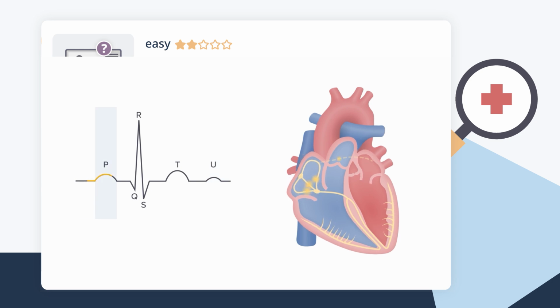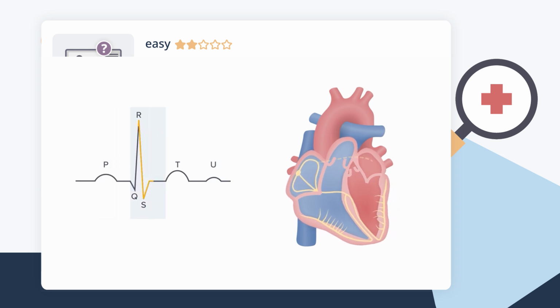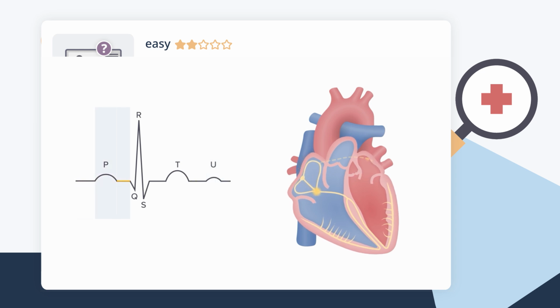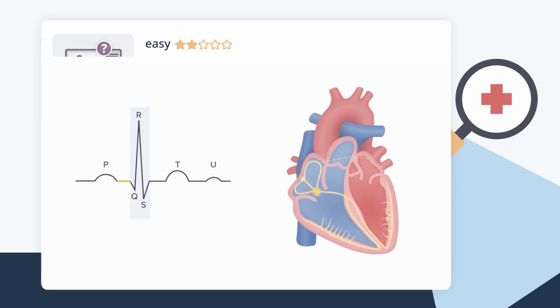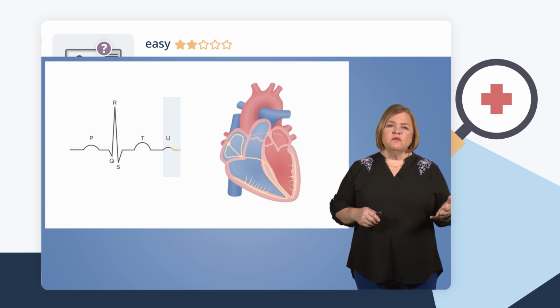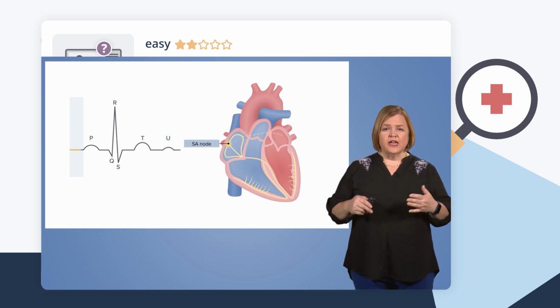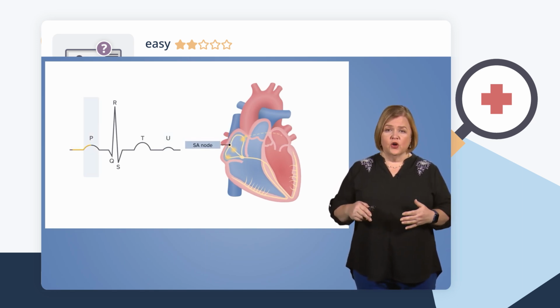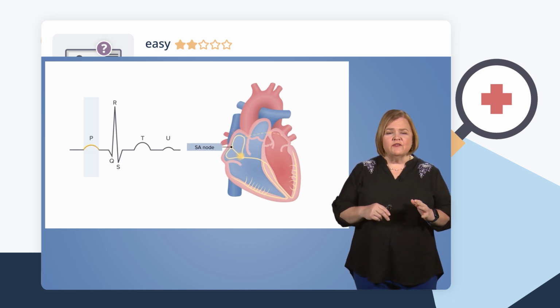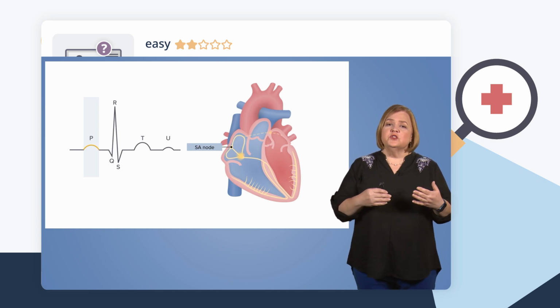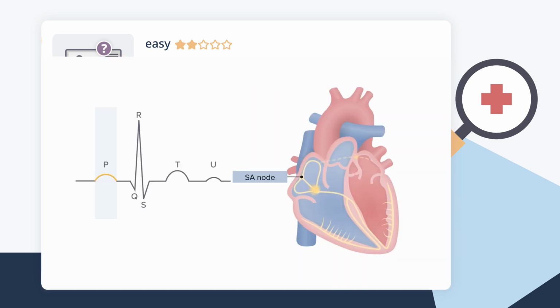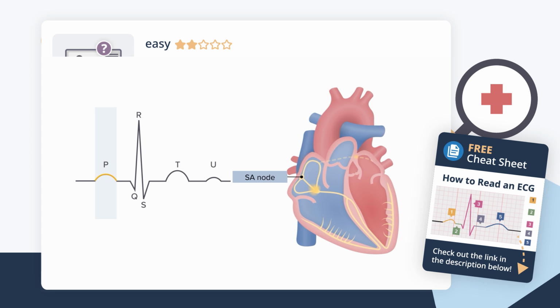Take a look at this pumping heart. The electrical impulse travels from the atria to the ventricles. Now, its pathway and the effects that it has on the cardiac muscle as it passes through is what's reflected on the ECG strip. The impulse originates in the sinoatrial or SA node. It disperses through the left and right atria, causing their contraction. Now, this is what's reflected in the ECG as the P wave.